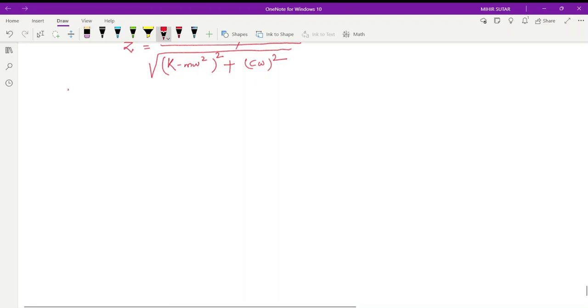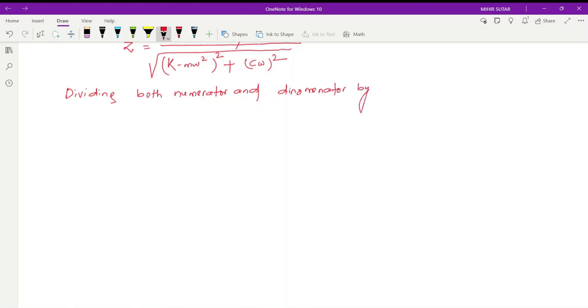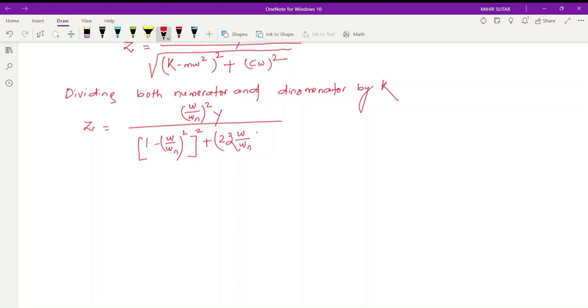Now dividing both numerator and denominator by k, this Z value will be equal to (omega by omega n) square Y divided by the square root of (1 minus (omega by omega n) square) whole square plus (2 zeta omega by omega n) square.